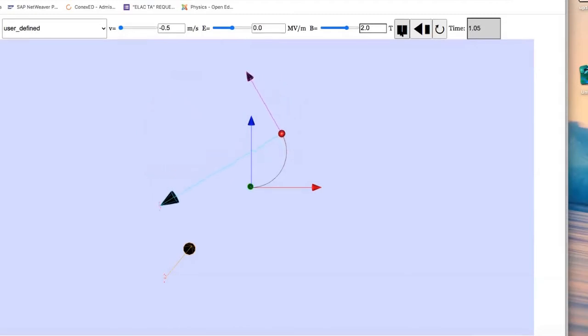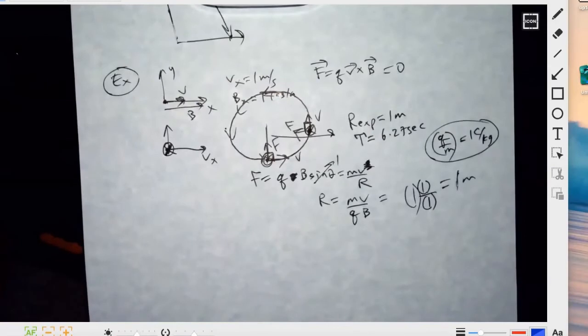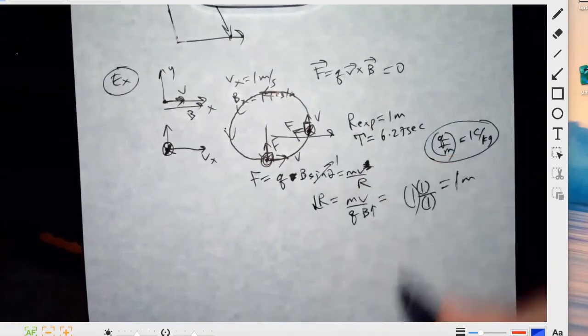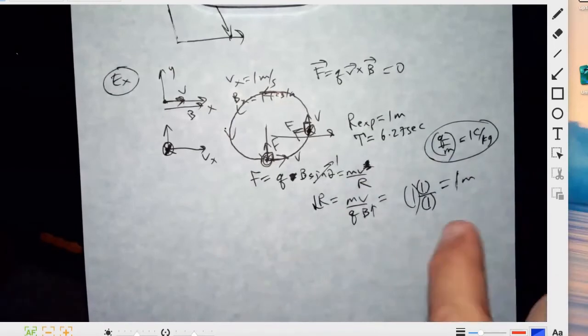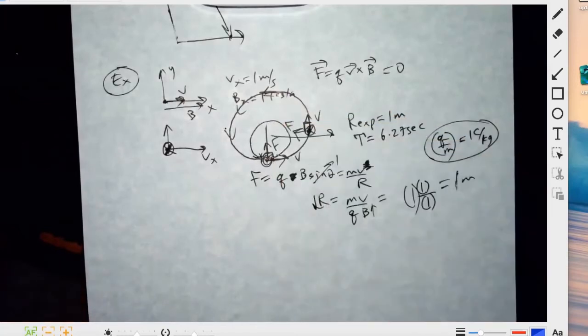If I make the B twice as large, what should happen to the radius? Double the magnetic field, what ended up happening? When I doubled the B field, the radius was half as much, right? It curved quicker. So that made sense. The circle became like this. You see? So it made sense that with a stronger B field, the radius is smaller. You see?